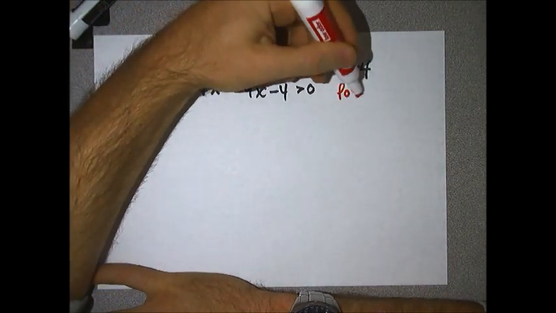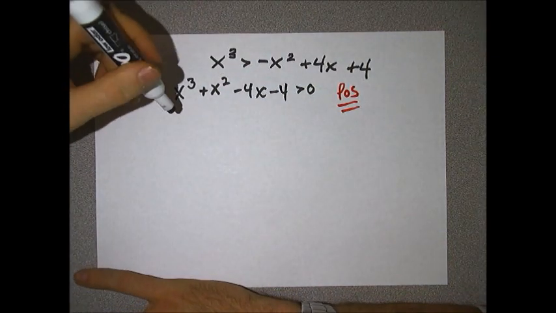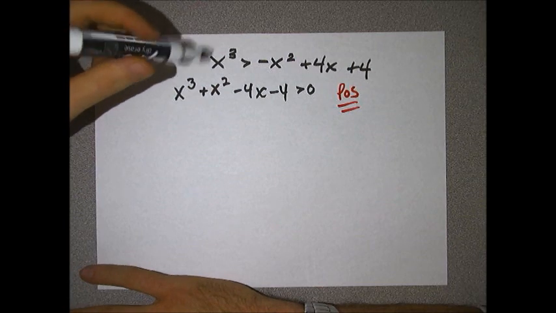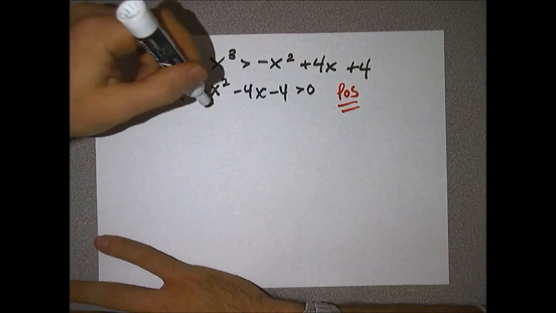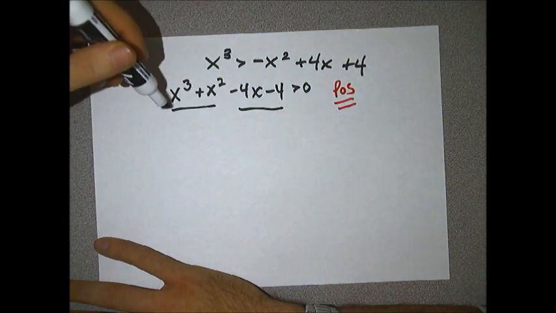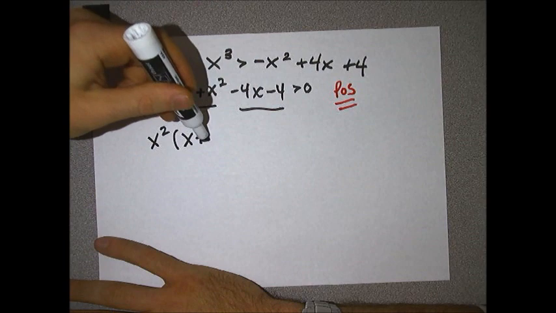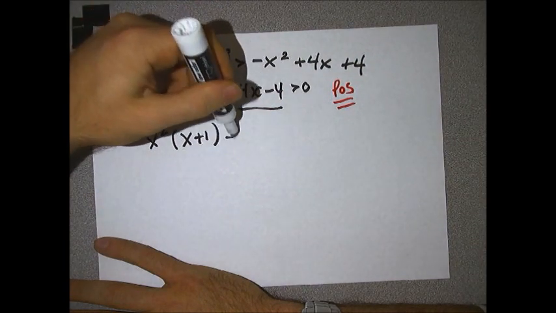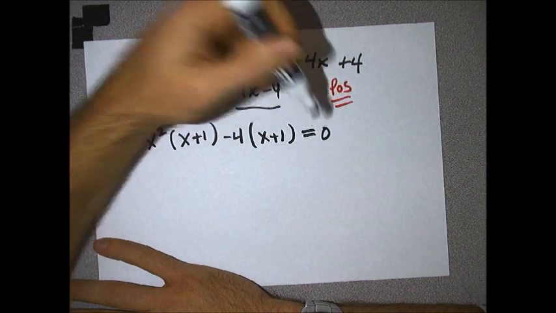Looking for positive. So now I'm going to set this equal to 0 and find its zeros. I have 4 terms, so I'm going to solve by factoring, which, when you have 4 terms, is solving by grouping. So I underline these ones and these ones. From the first 2, I can pull out x squared, leaves me x plus 1. From the other one, I pull out negative 4, also gives me x plus 1. We're now setting it equal to 0.